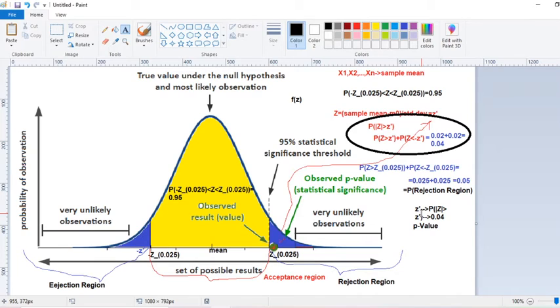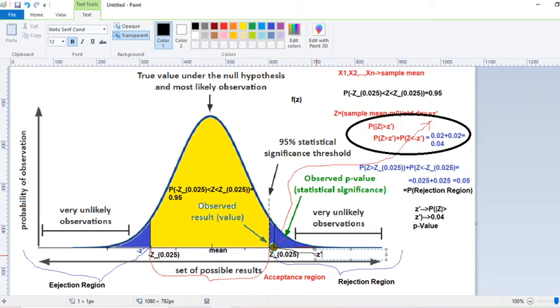And how can we take the conclusion? You know that if the statistic value comes in the rejection region, then we have to reject the null hypothesis. In this case the statistic value is z dash. Where is z dash situated? This is the point z dash.